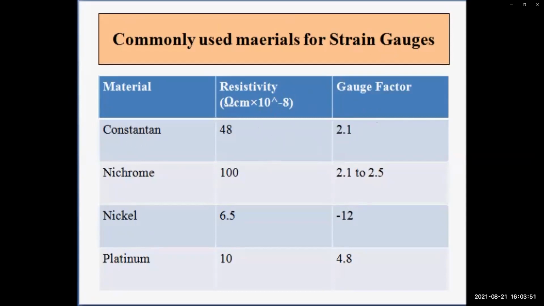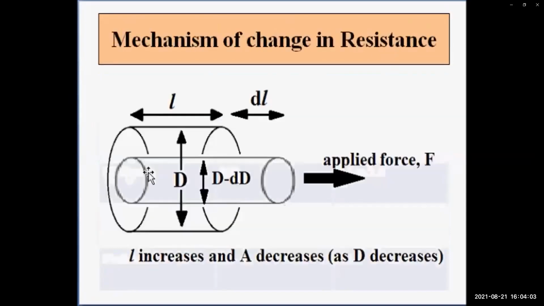So, here we have studied the basic principle of operation of strain gauges. As I said, there will be either a compression or expansion of the material. If there is compression of the material, there would be an increase in the diameter leading to an increase in the cross sectional area and a decrease in the length.